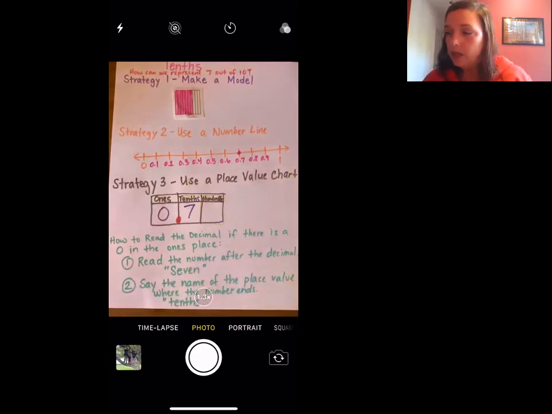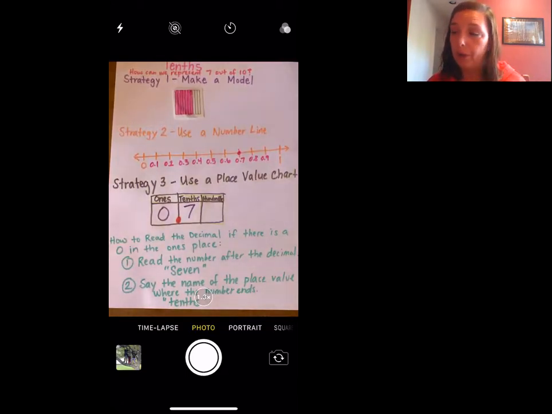Now, I want to make sure that we all know how to read a decimal correctly. This is how to read a decimal if there is a 0 in the ones place. There are no wholes.